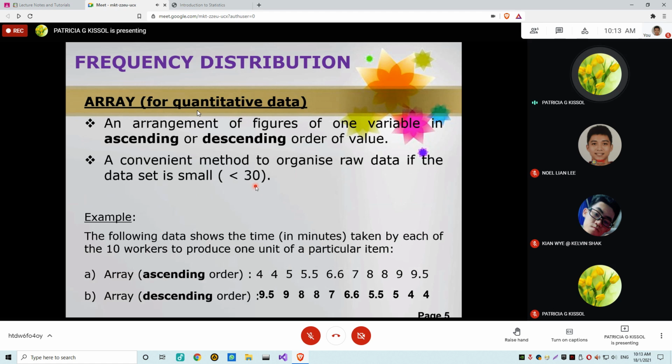So preferably below 15 actually. Then you can do an array, just like this. So this is concerning creating an array for small kind of data. And like I said, you can arrange it in ascending order or descending order, but much preferably ascending order. Okay.